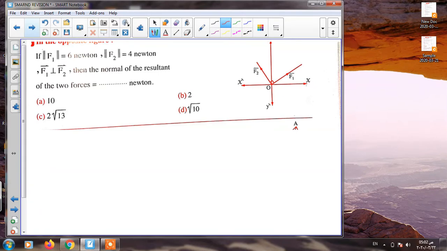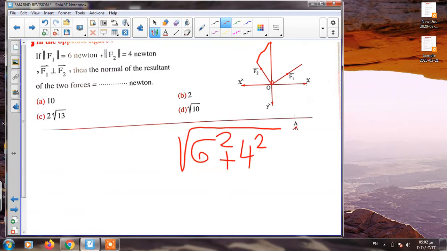The norm of F1 is 6. This is our force. And F2 equals 4. If you know that F1 is perpendicular to F2, then the norm of the resultant, if we complete this as a rectangle, the resultant here will be the diagonal, which is going to be the square root of 6 power 2 plus 4 power 2, which is 2 root 13.